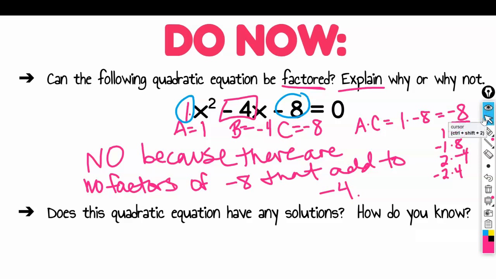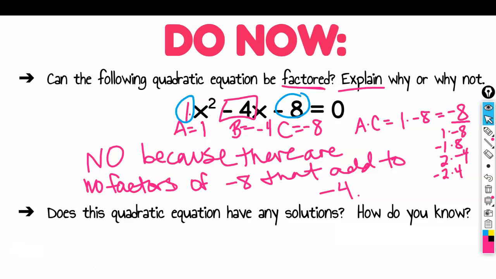However, here it asks me, does this quadratic equation have any solutions? How do you know? Remember that when we talked about it in the solving square root equations assignment, if you can't factor it, the other way that we can check if something has solutions is if the graph has x-intercepts.